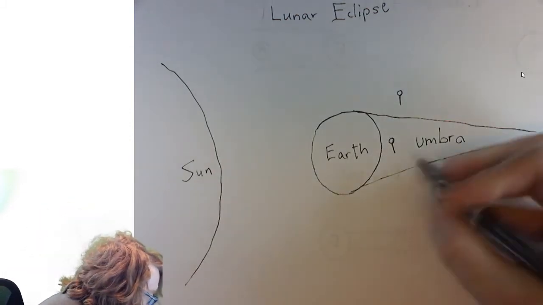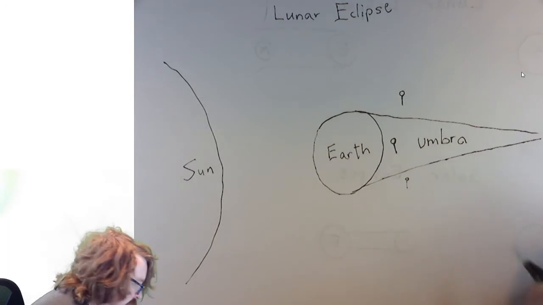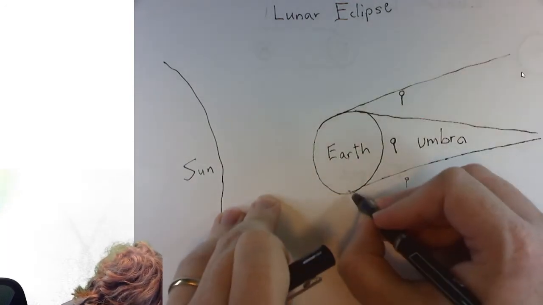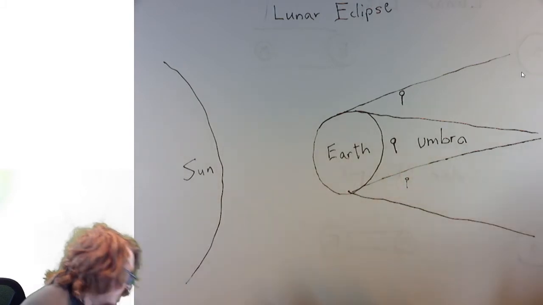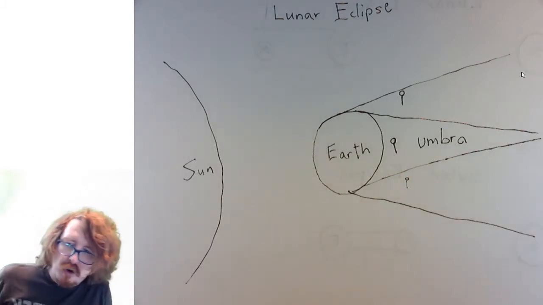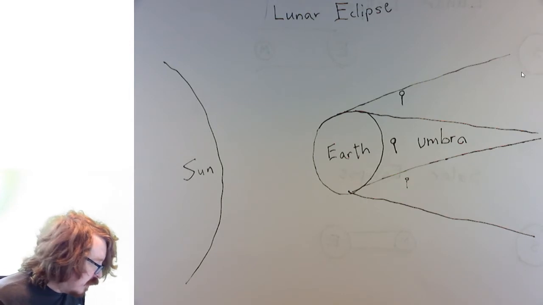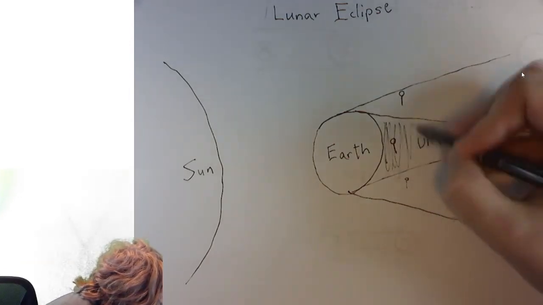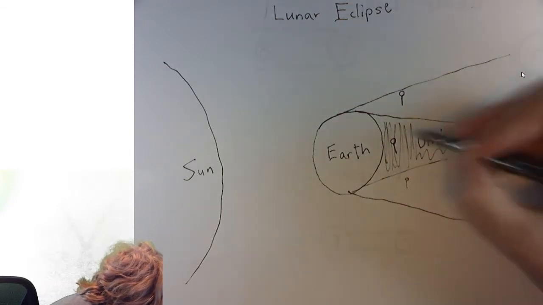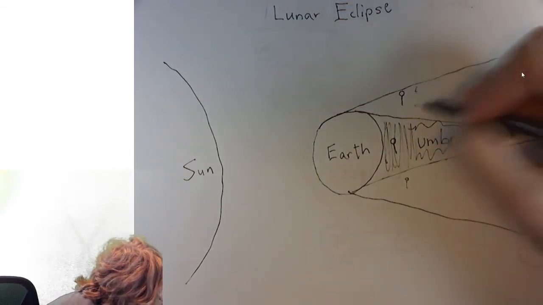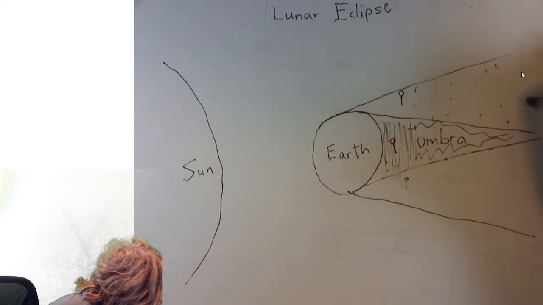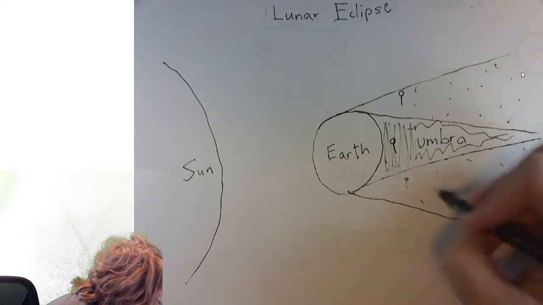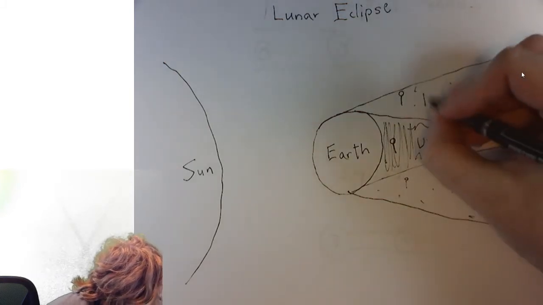The same thing would happen if you're floating around down here, right? So imagine an area of partial darkness that actually spreads out as you go away from the Earth. This part is very dark, and this place is just a little bit dark. This part is called the Penumbra.